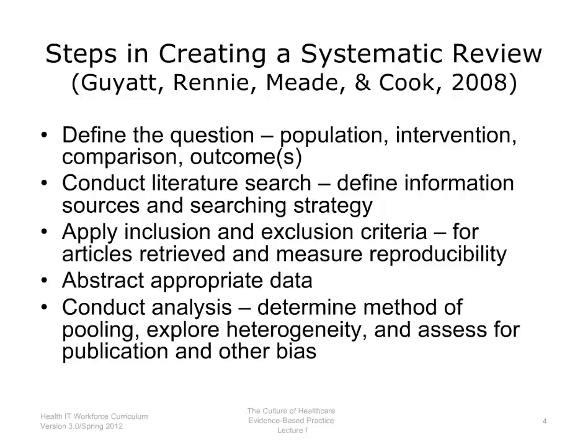For example, if we are going to perform a meta-analysis, we determine the method of pooling and explore heterogeneity of the results. So we explore whether some results point in one direction of a treatment and other results point in another. We also assess for publication and other types of bias.